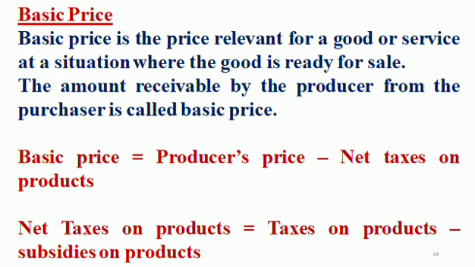The basic price is what the producer receives when the product is ready for sale. So basic price is producer's price minus net taxes on products. Net taxes on products is taxes on products minus subsidies on products.